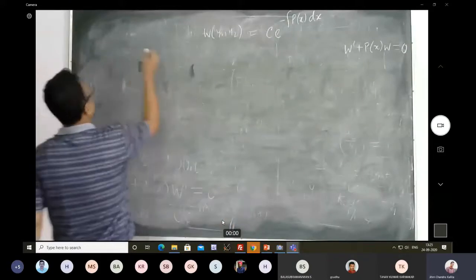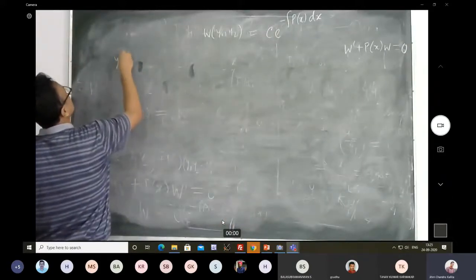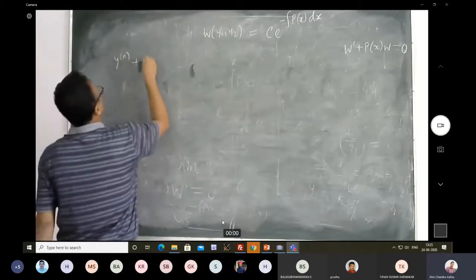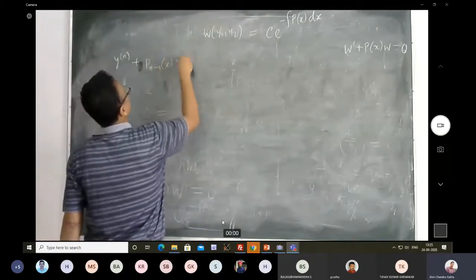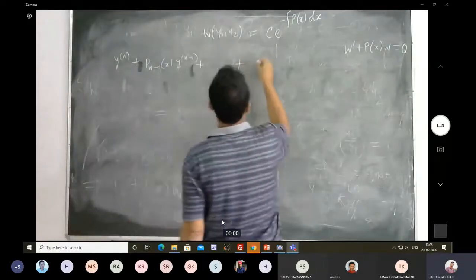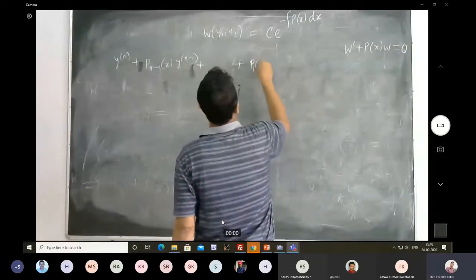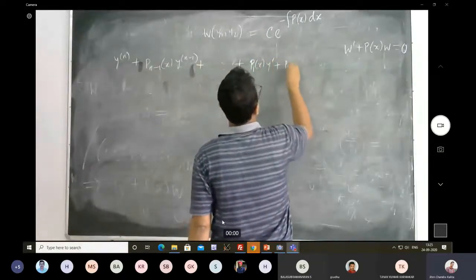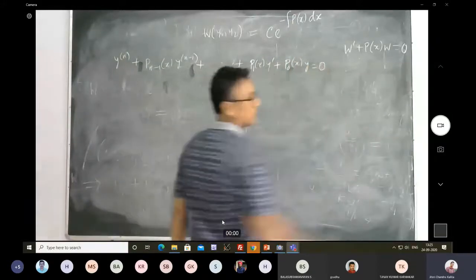And let us assume that the nth order differential equation is given by y^(n) plus ... plus p1(x) y prime plus p naught(x) y equal to 0.